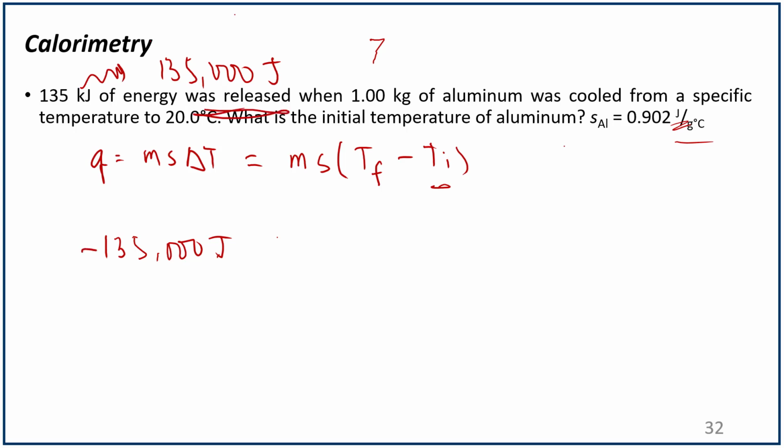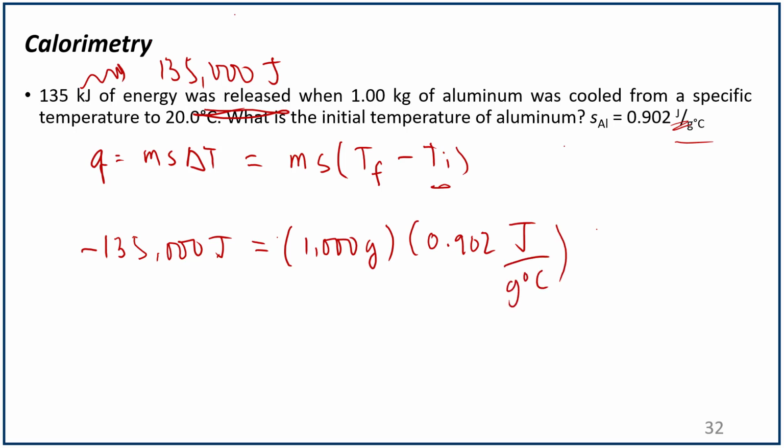So this should be negative 135,000 joules is equal to, you have a kilogram of the sample, let's convert that to 1,000 grams, and the S of aluminum is 0.902 joules per gram degree Celsius, times 20 degrees minus initial temperature.